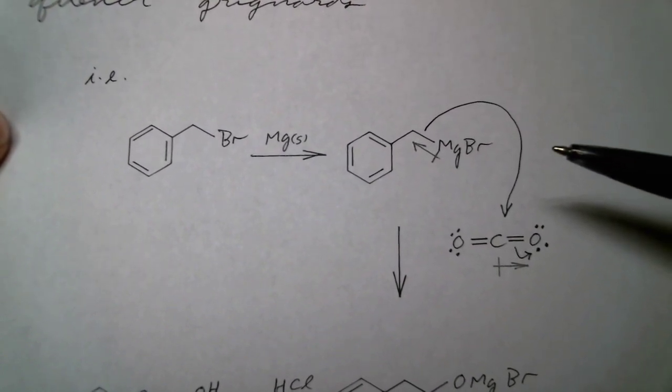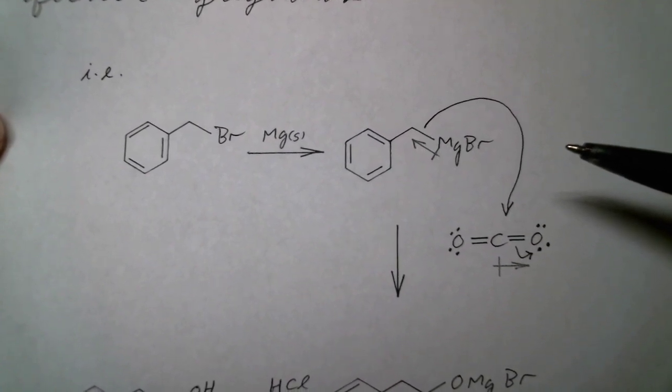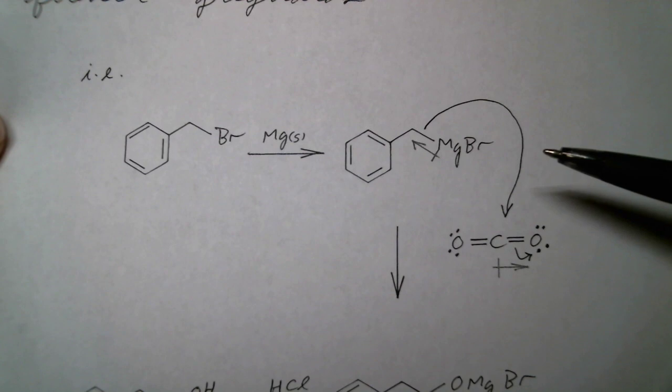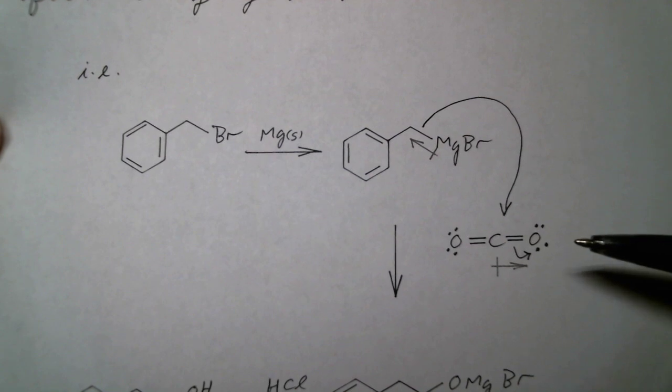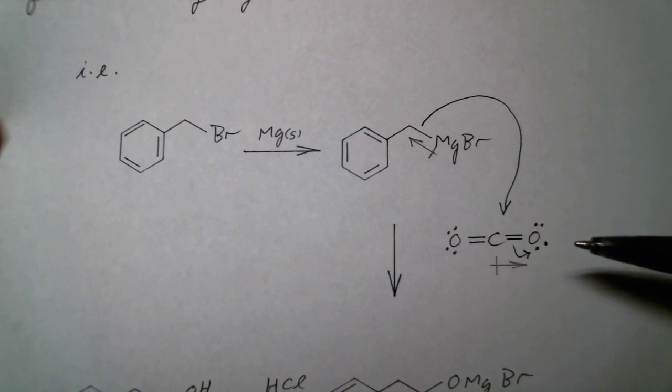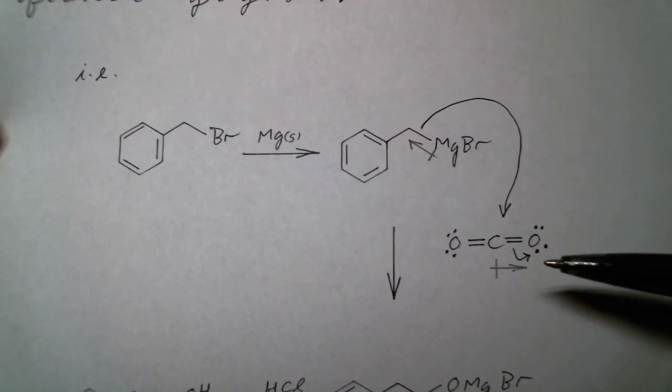Instead of adding water cautiously and hoping not to catch on fire or blow up, we could just take our solution of Grignard and add it to finely ground dry ice, because dry ice is very cold, minus 78 degrees C, and it's full of these carbonyl functional groups.